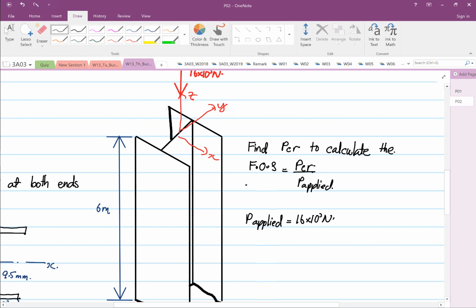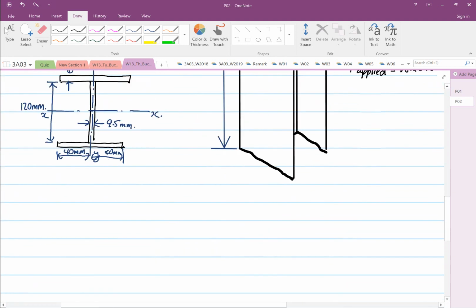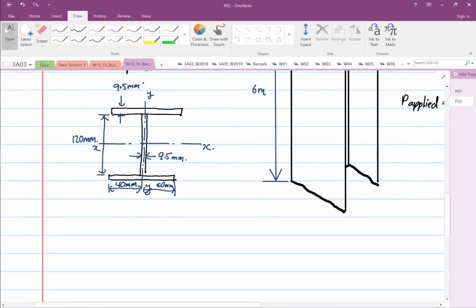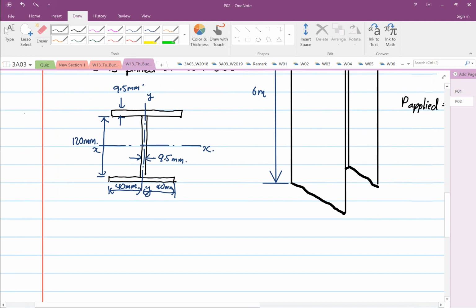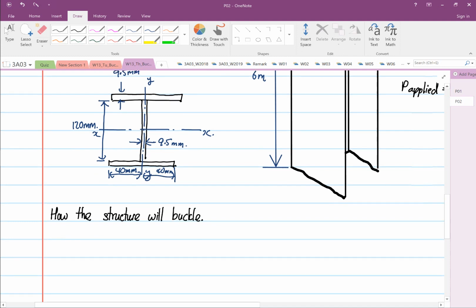Okay, so we have to draw for ourselves how the structure will buckle. By the way, there's a cross-sectional area. So we're going to sketch this out.